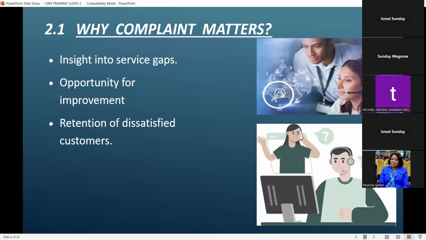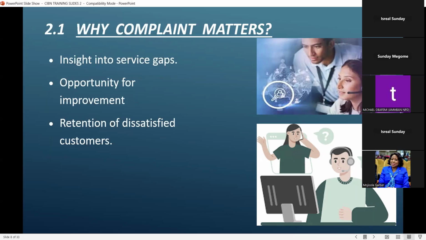For people that refuse to confirm, that's not an excuse for an insider, your staff, to be preferring cash, but at least ensure that the due diligence is done from your part. So at times, complaints are ways of improving our services.